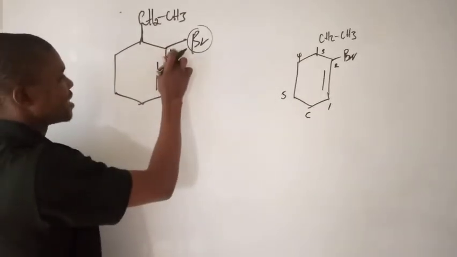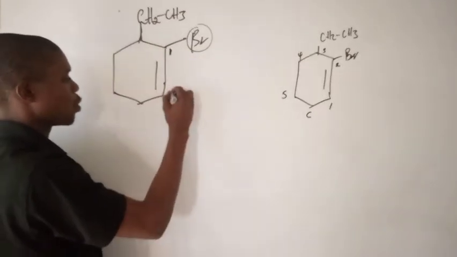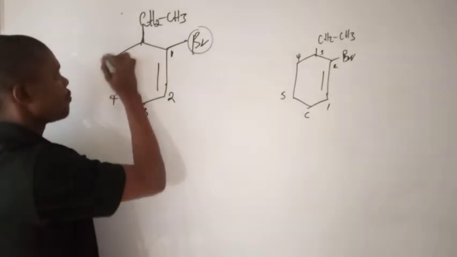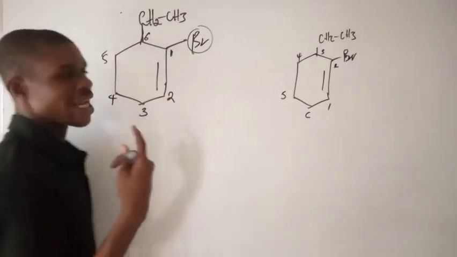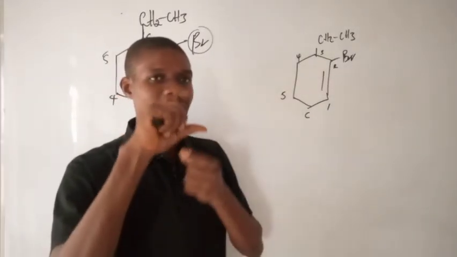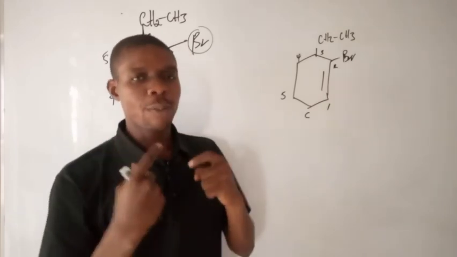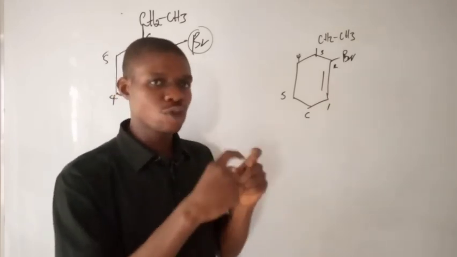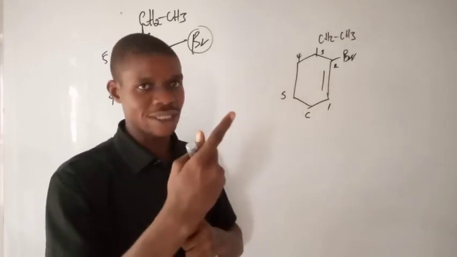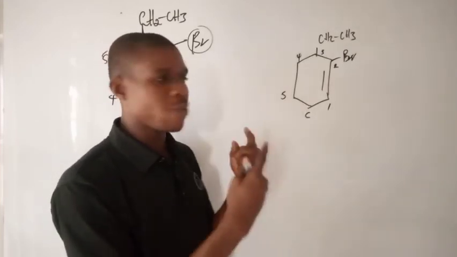If you have my carbon 1, definitely the other point of the double bond will be my carbon 2. Then you continue carbon 3, 4, 5, and 6. The two points of the double bond must be carbon 1 and carbon 2, but the carbon atom carrying a substituent automatically will be carbon 1.